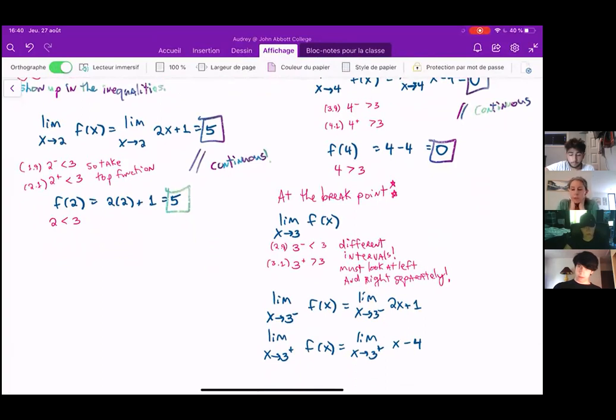Take a second, make sure you understand what's happening here. Are there any questions? So at the first part, you just plug in, like let's say for the first one where x is 2.